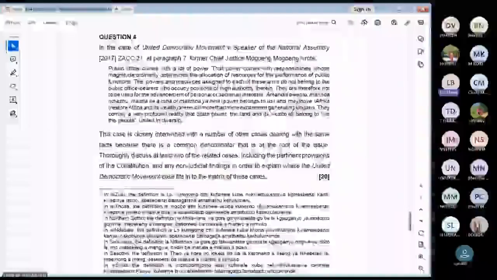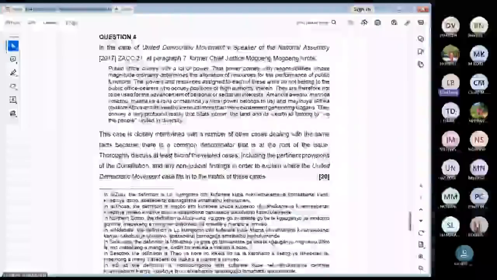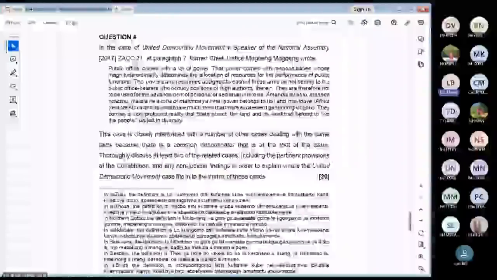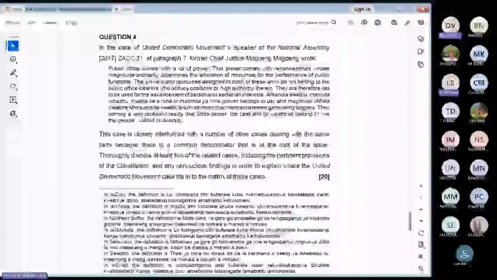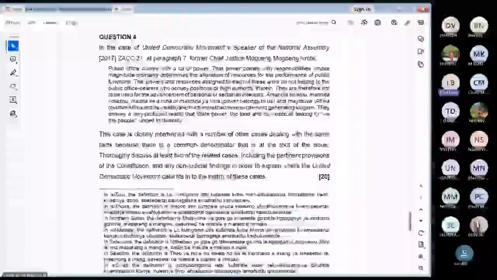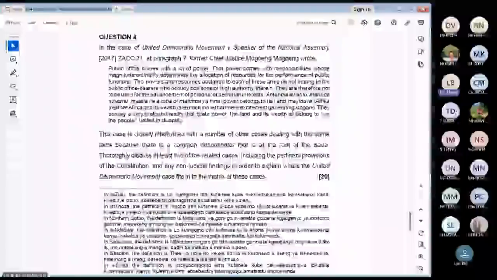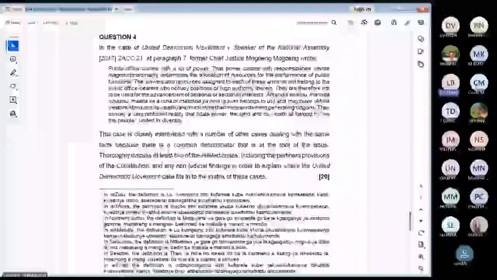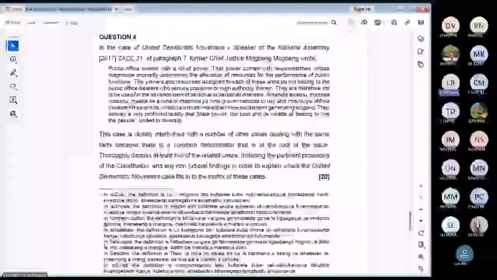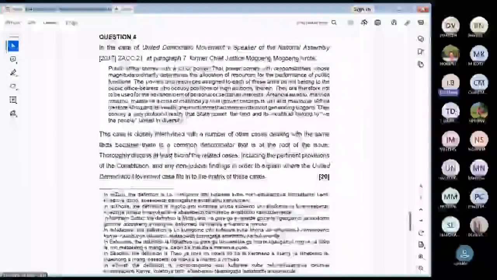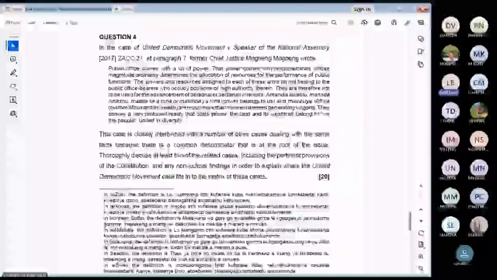So I think in that brief summary of the case, we can add more things, but when we look at the other case, UDM, it relates to the EFF case, because different political parties in parliament approached the Constitutional Court to complain that despite the findings of the Public Protector and the ruling of the court that the president violated the constitution, the National Assembly failed to hold the president accountable for his actions.